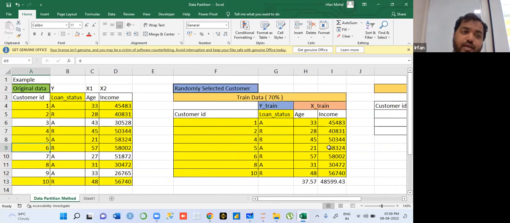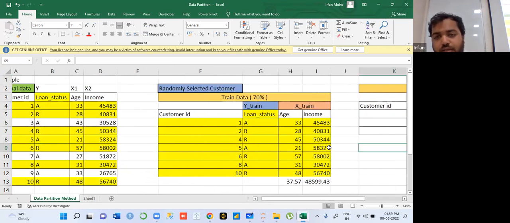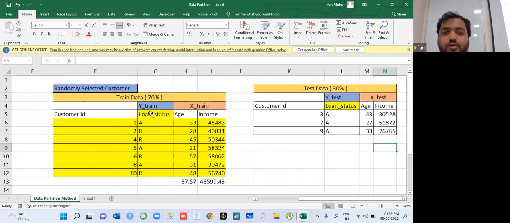In the original data, what was Y? Loan status. Now when I go to train data, that loan status will be called Y train. So this Y train means loan status coming from which data set? Train data set. If I say Y test, it means Y coming from the test data set. Clear? Always Y.